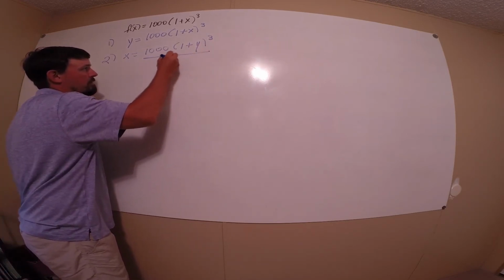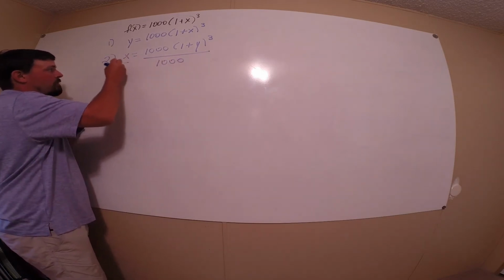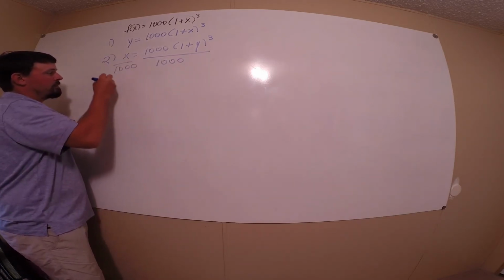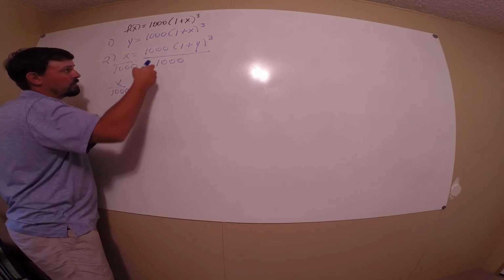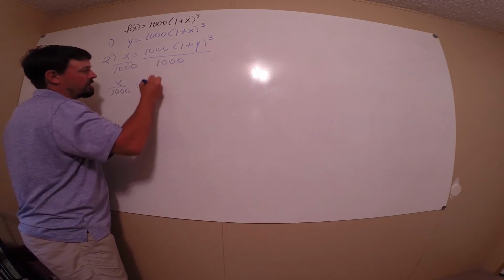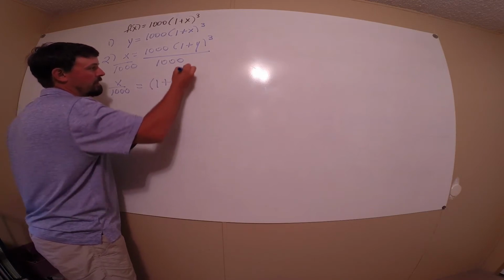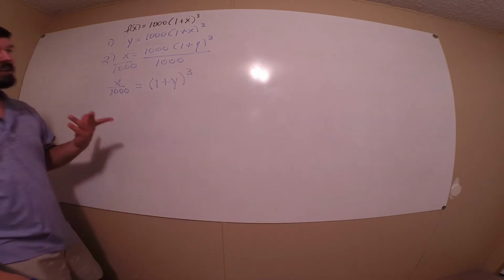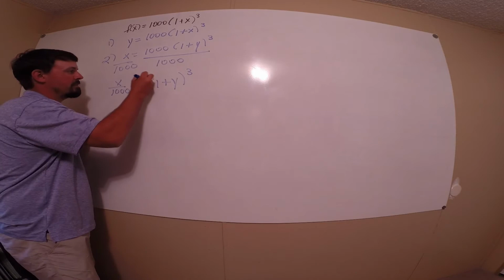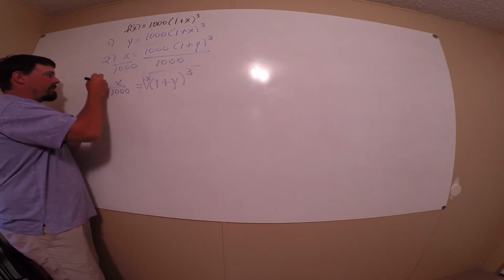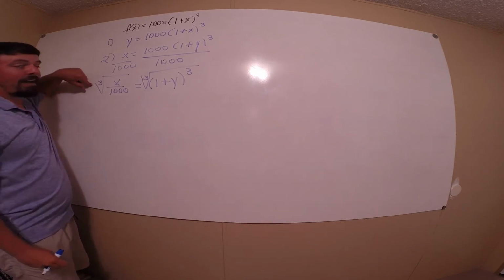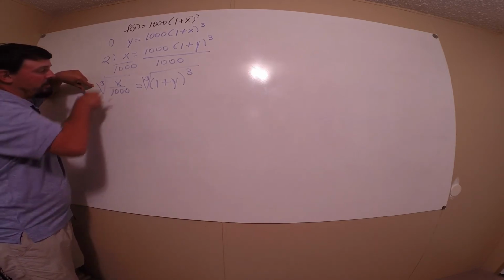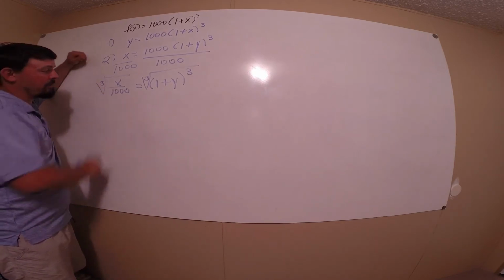Divide by 1,000 on both sides. That gives me X over 1,000 equals, these thousands cancel out, 1 plus Y raised to the third. Now remember, to get rid of that, I'm going to take the cube root of both sides. I can distribute this cube root here to this X and to this 1,000.